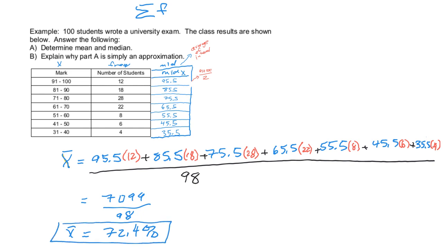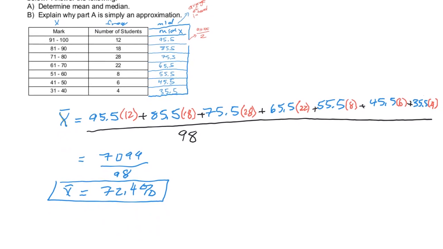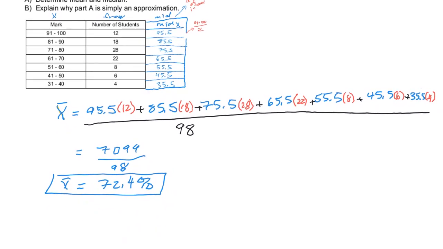Now, let's calculate the median for this problem. Remember, this was part A, and here is part B. The median has 98 pieces of data, right?